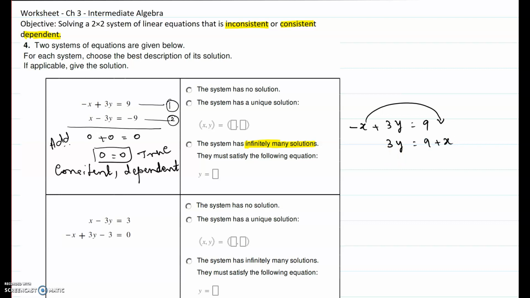Now you divide both sides by 3. So if you divide by 3, you get y equal to 3 plus 1/3 of x. Or you can write y equal to 1/3 x plus 3. You can also write x over 3 plus 3. X over 3 can be written as 1/3 of x as well.